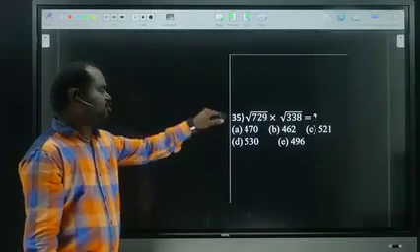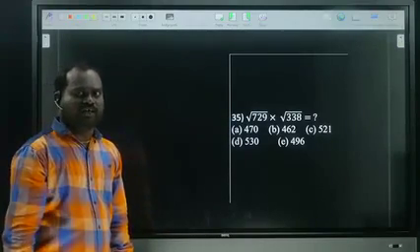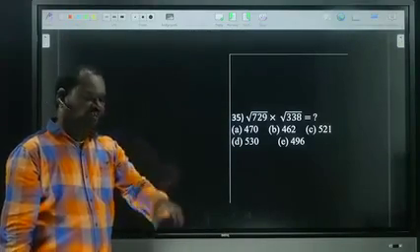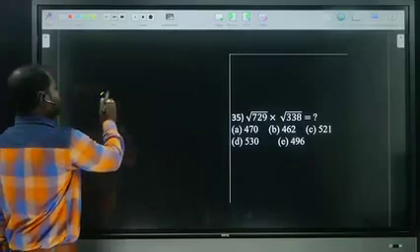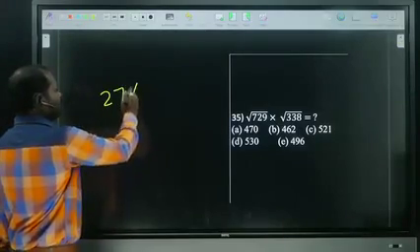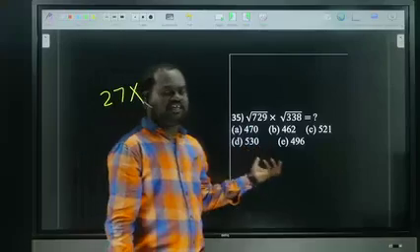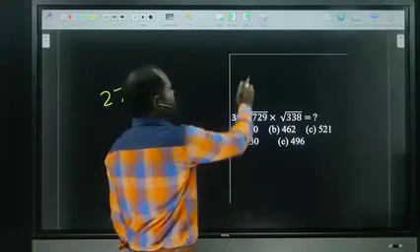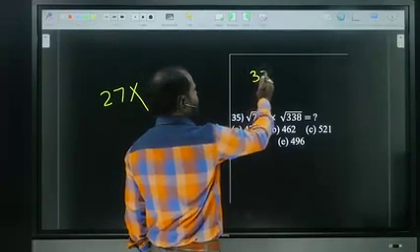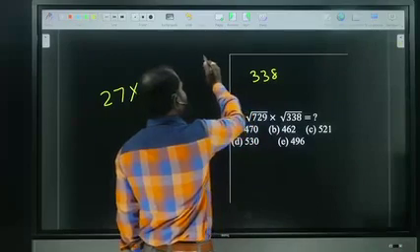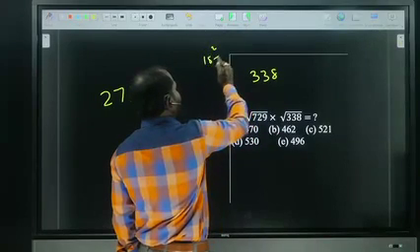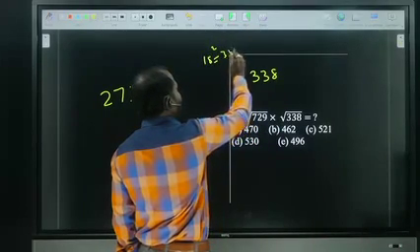So first, under root of 729, whose square root is exactly 27. 27 into under root of 338. For 338, if you observe carefully, 18 square is how much? 324.